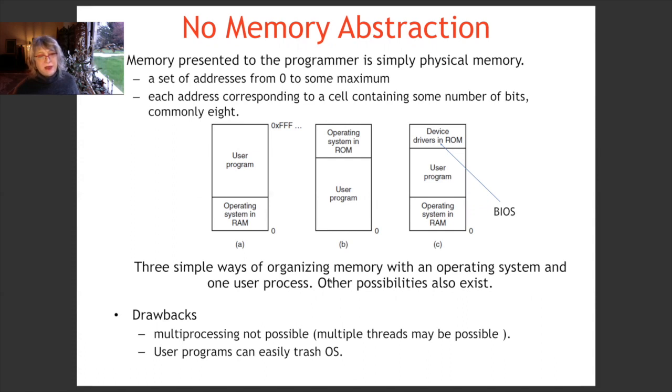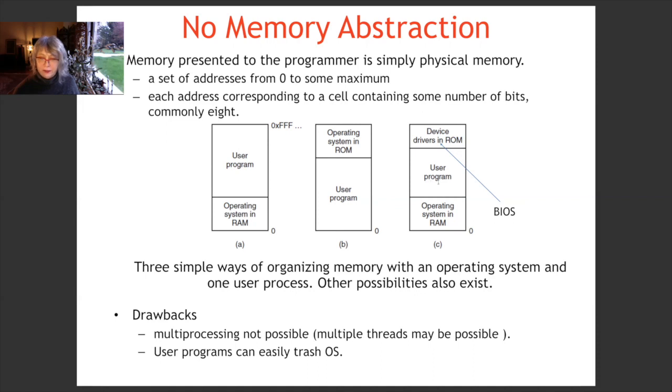Three simple ways of organizing memory with an operating system and one user process are given in the figures. Here in part A, we have the operating system loaded in the low area of the memory, and then comes the user program. In the second one, the operating system is loaded in the high addressed part of the memory, and then in the low memory area we have the user program.